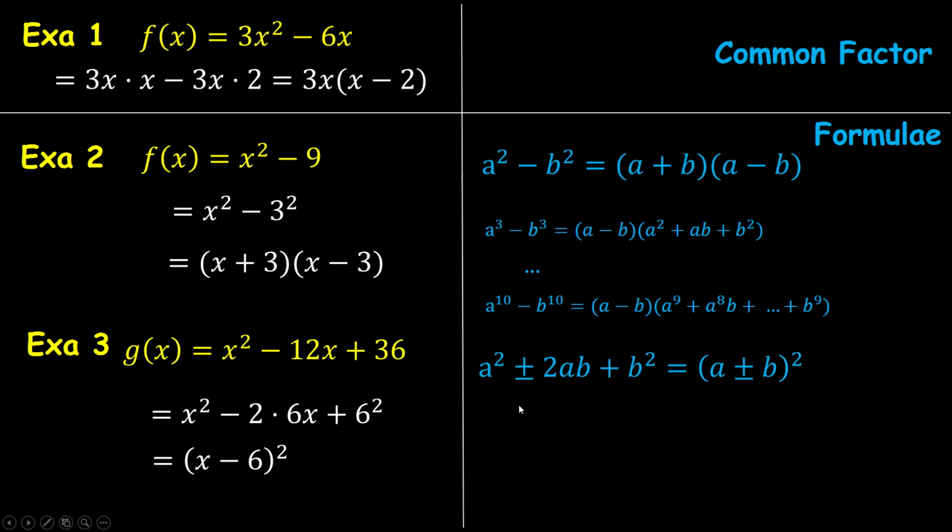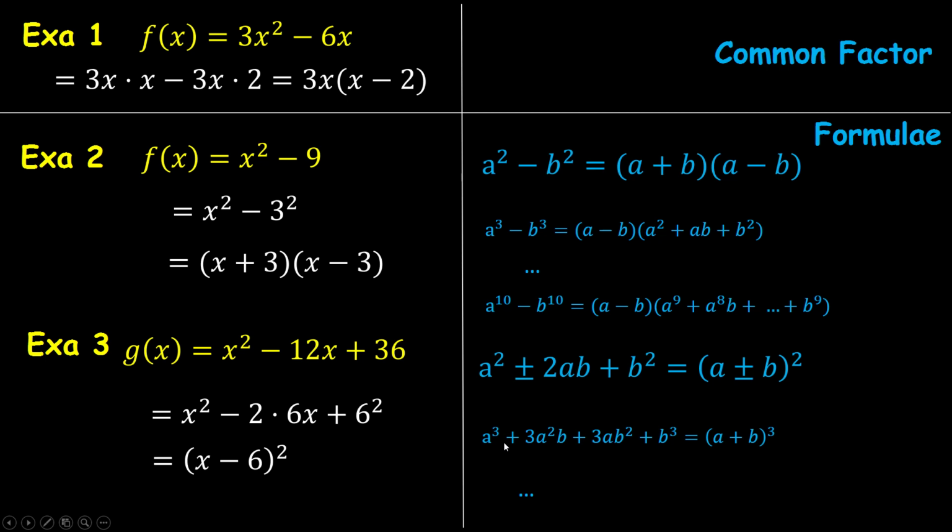For the complete square formula, you also have a complete cubic or nth power formula. So for example, a plus b to the third power is equal to a to the third plus 3a squared b plus 3ab squared plus b to the third.